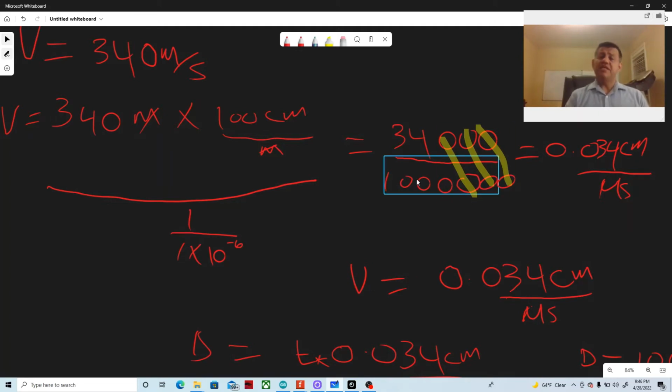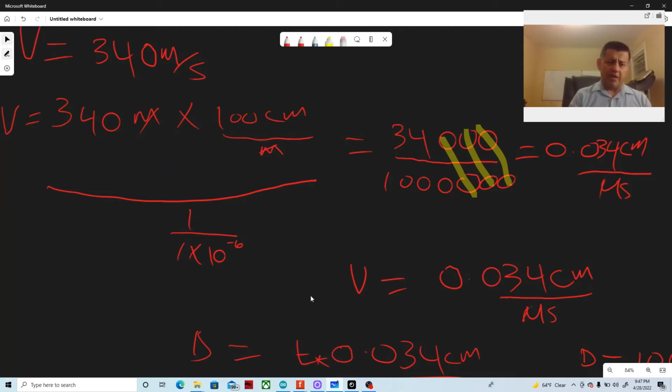Then we cancel the zeros top and bottom to reduce the numbers, and we got 34 over 1,000. We divide 34 over 1,000, which is equal to 0.034 centimeters per microsecond. That little symbol is called the mu.